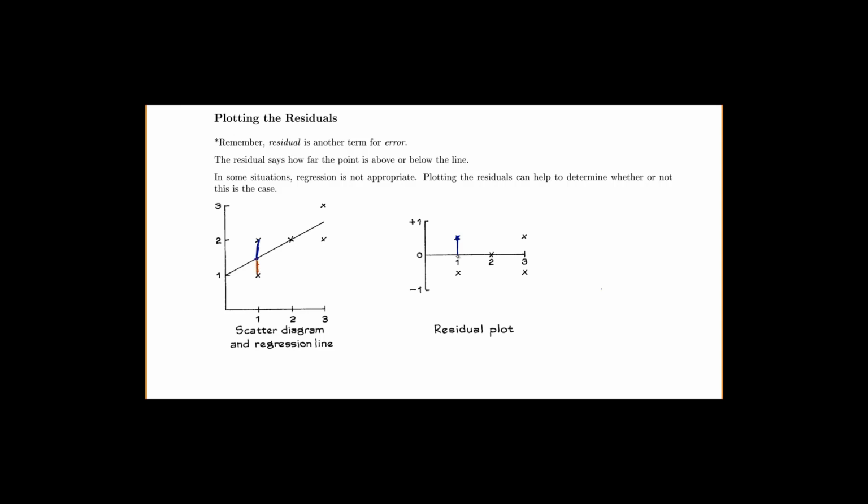So I come over to the same x value and put a point that's that distance from 0. Notice how my next point is exactly on the line, so its height is 0. This point is this far from the line, so that's the height of my point in my residual plot.